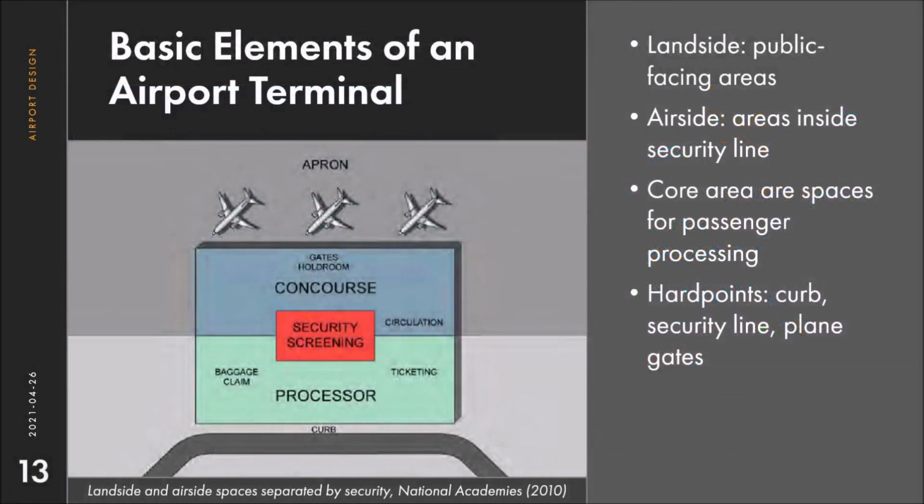A basic airport terminal is divided into two areas, called the land side and the air side, which is separated by a security line. Every terminal includes core spaces for passenger processing and hard points that need to interface with other systems. The core areas typically include a check-in processor, security screening, immigrations, a gate concourse, hold room, and a baggage claim hall.